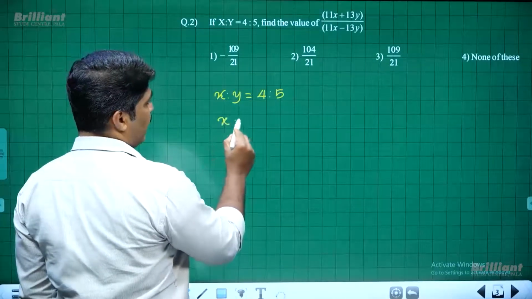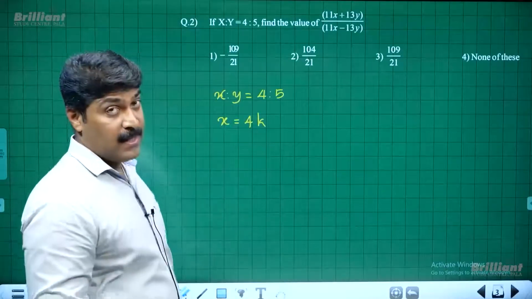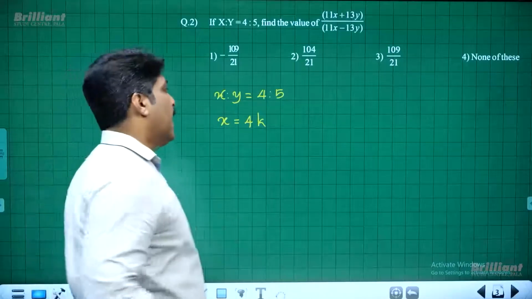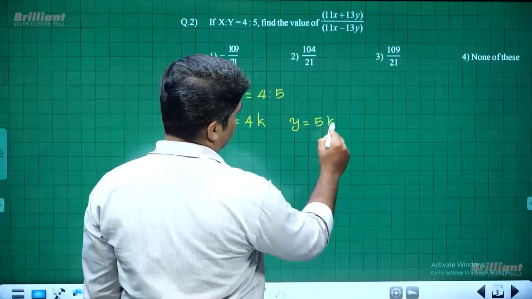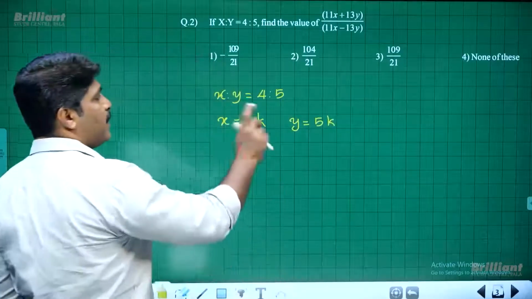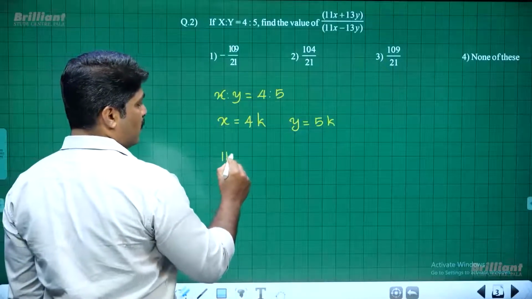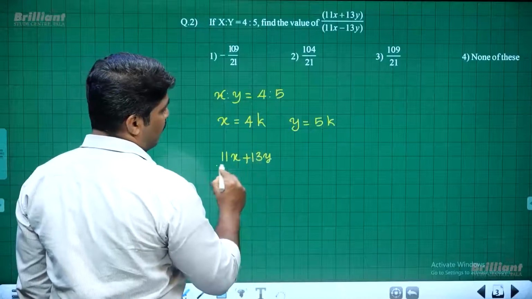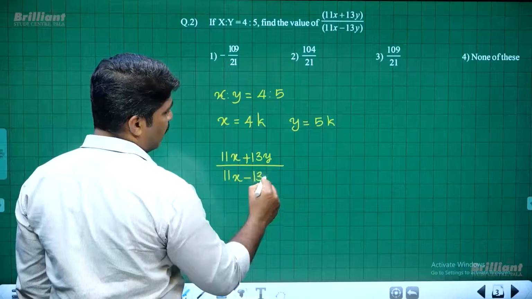You can take x equal to 4k. Mathematically, this k is called the multiplicative factor. And y we can assume as 5k. Then just substitute these values in the given expression, 11x plus 13y divided by 11x minus 13y.